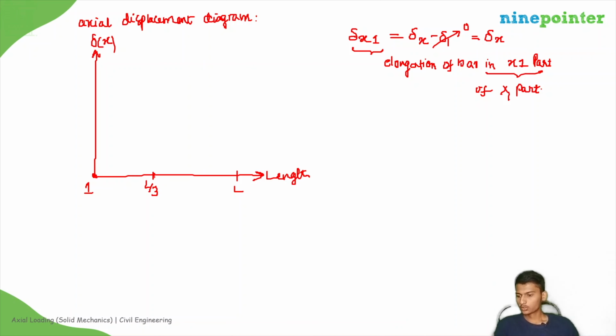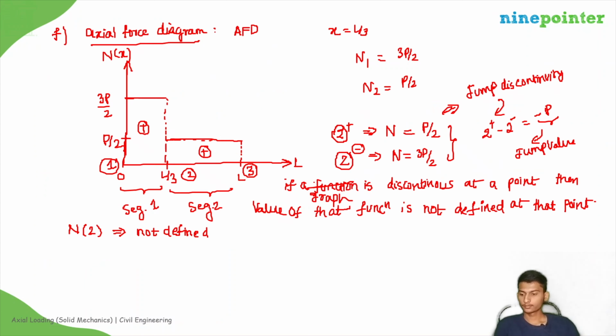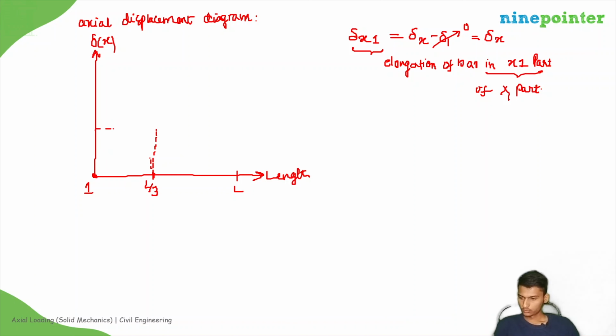Okay, so at L by 3 we already solved. If you see the question, we already solved for del 2, that is 2PL by 3A, that is 2PL by 3EA.